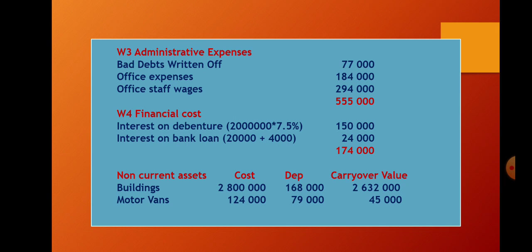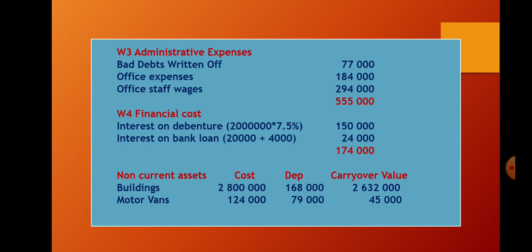Okay. Now here additionally you can see that we have done some workings for non-current assets. As we all know, when we are preparing the statement of financial position, we need to record the non-current assets at its carry over value, which is also called as net book value. Okay, so that's why we have taken buildings as 2,800,000, which is the cost, less the total depreciation of 168,000, which includes the current year depreciation plus the previous accumulated depreciation.